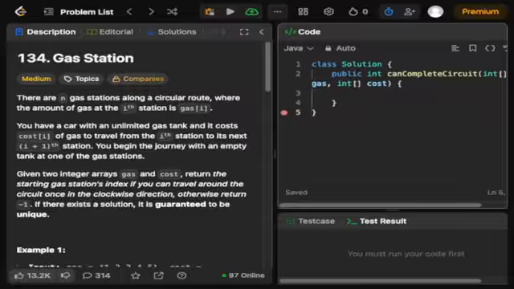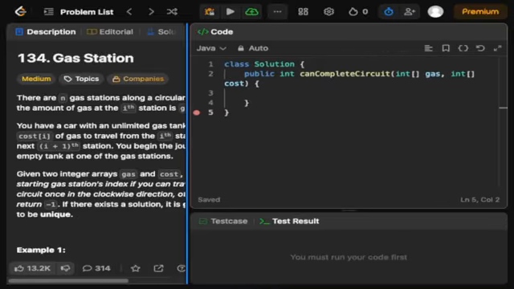The other part here is that it wants us to return -1 if we end up not being able to complete that circular route. So how we're going to solve this is we're going to keep track of a variable which represents what gas we have in our tank.